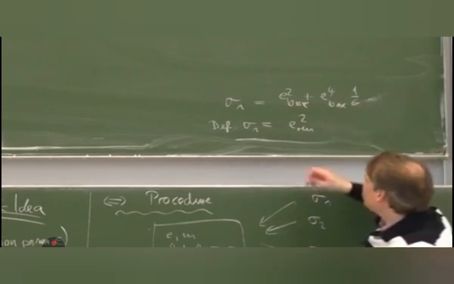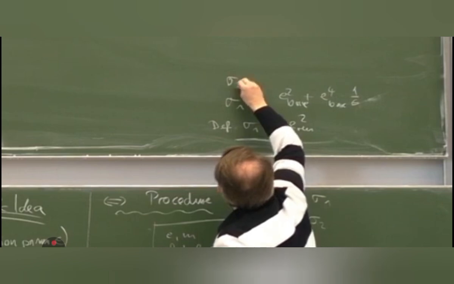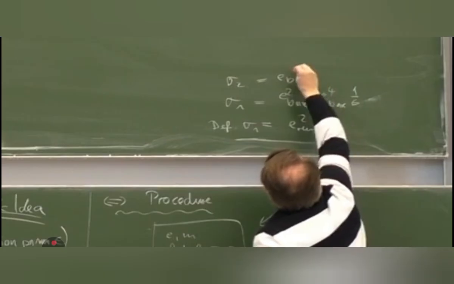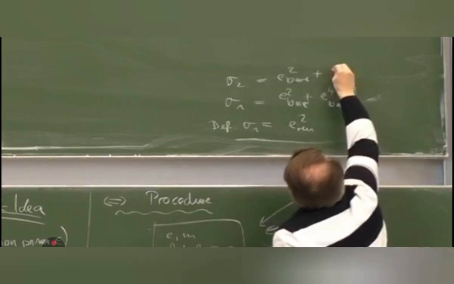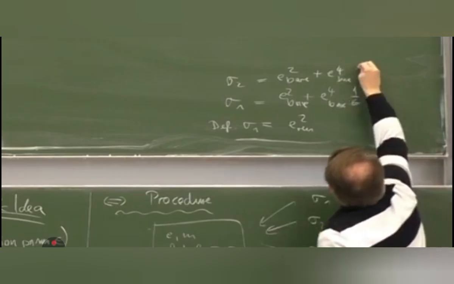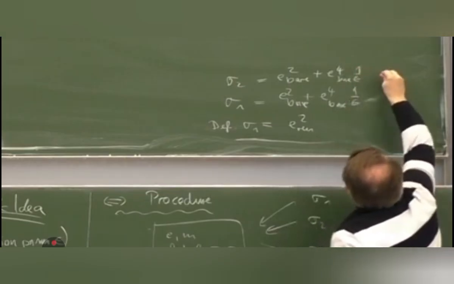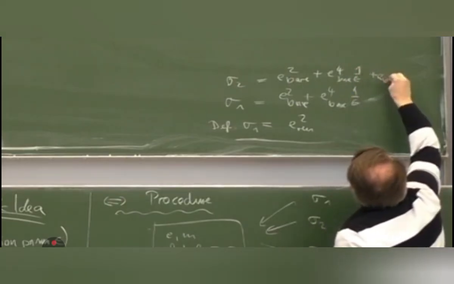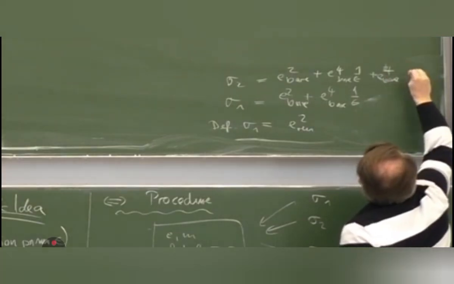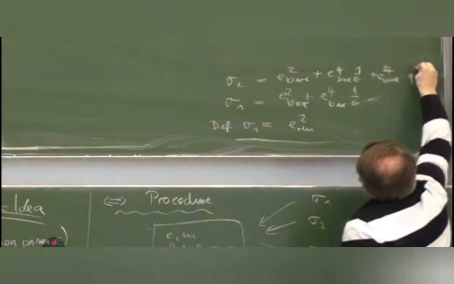And then maybe you calculate the second observable. What could it be? For example, it is maybe e bar squared plus e bar to the 4th times 1 over epsilon plus e bar to the 4th times q squared.